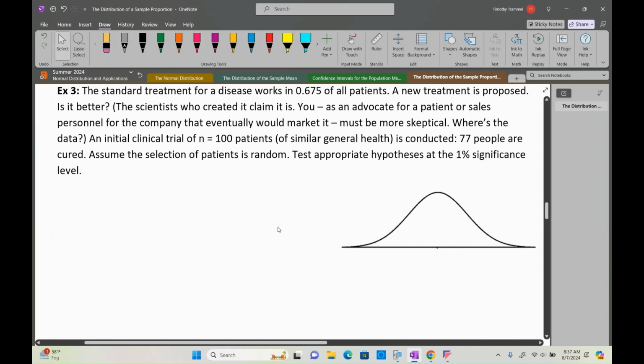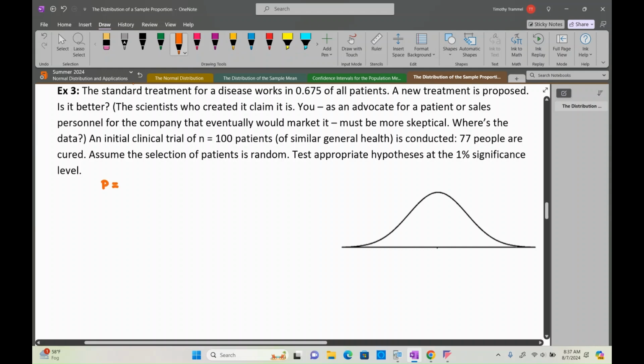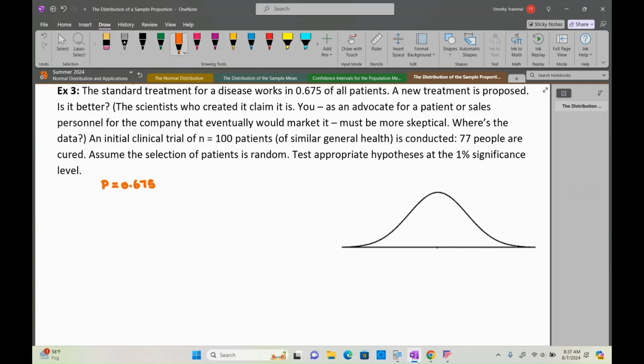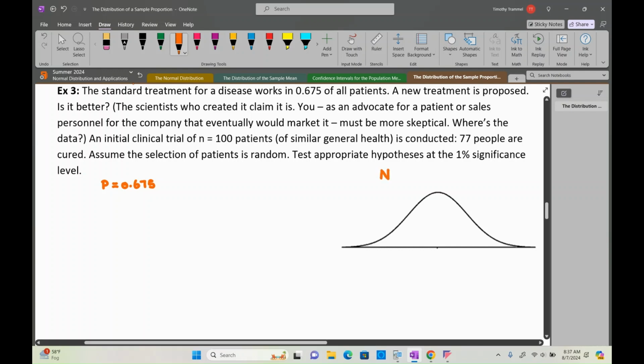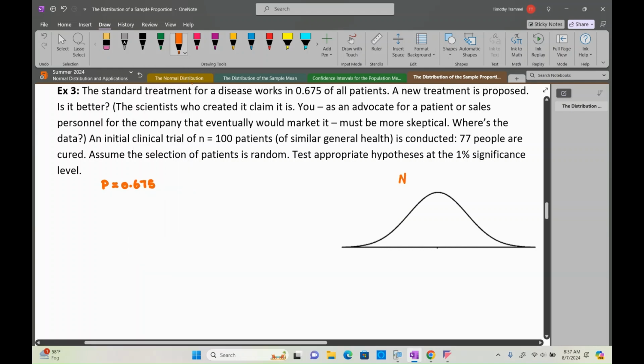So the standard treatment for a disease works in 0.675 of all patients. You can see here, especially with that word all, that they are describing a population proportion. So I'm going to write in P equals 0.675. And in fact, that means I could write what distribution we're going to be working with. I'm going to write a little bit smaller, because P has 4 numbers I have to write down.